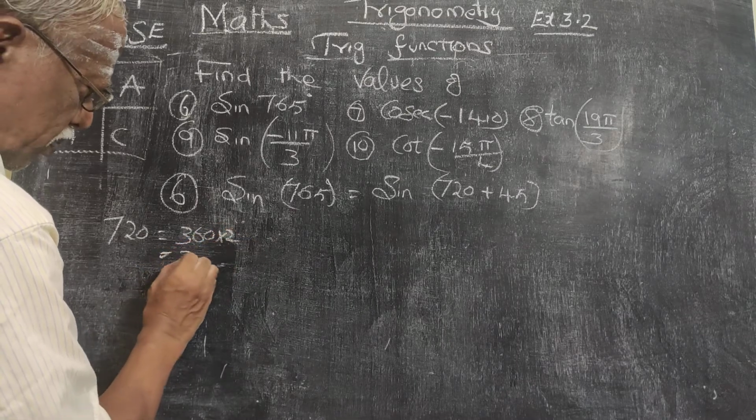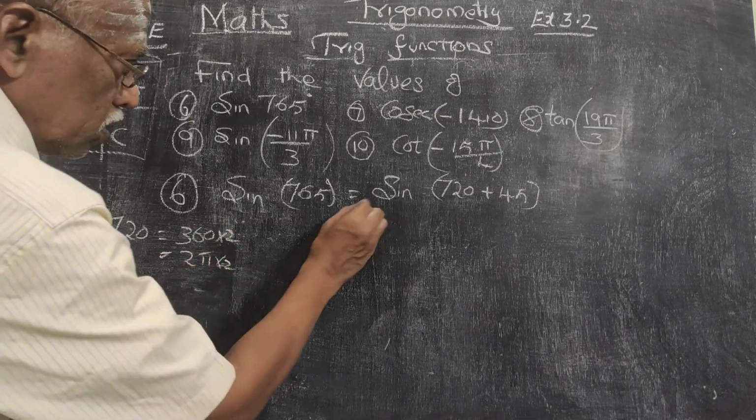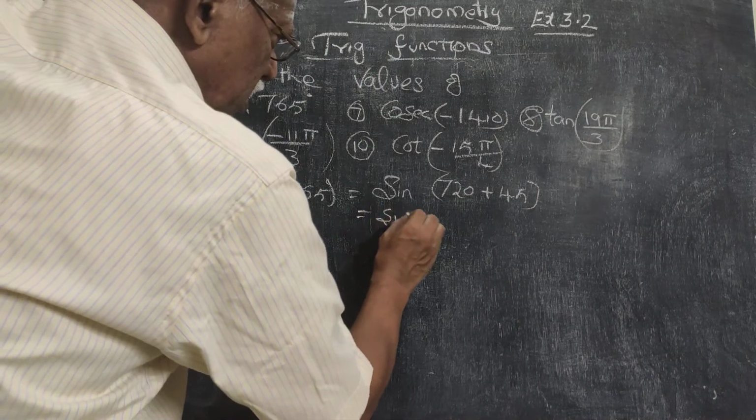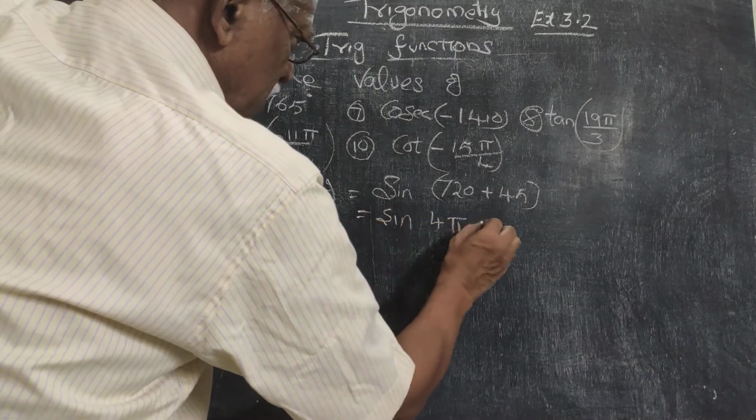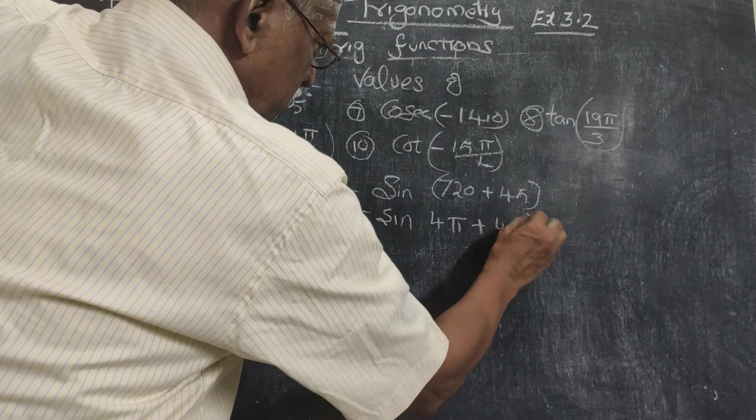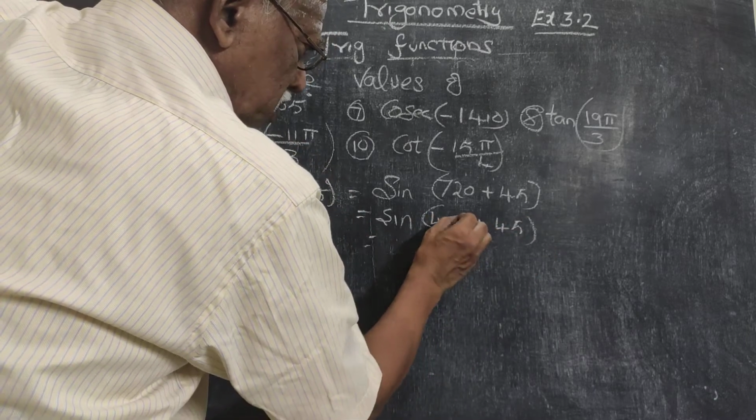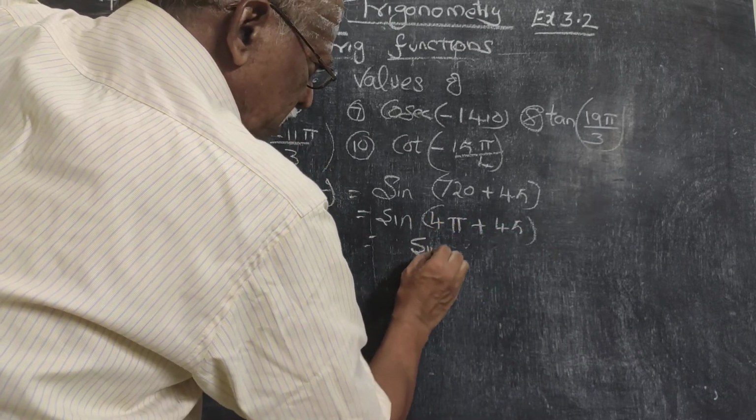That is 2 pi into 2. So this is sin of 4 pi plus 45. As I said, if I am taking in terms of 2 pi plus something, it will be simply sin 45.